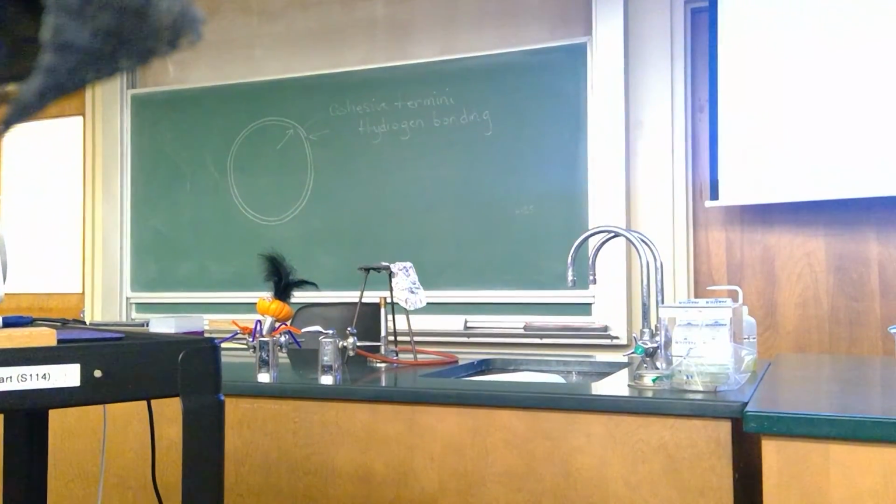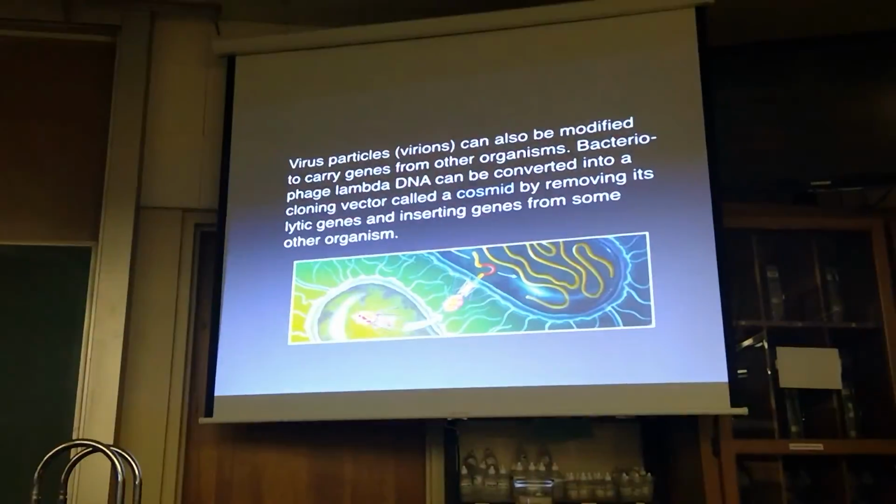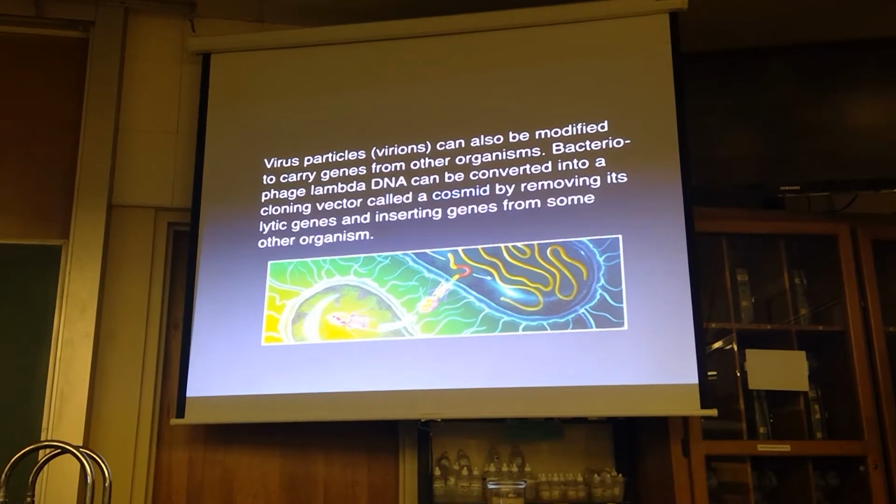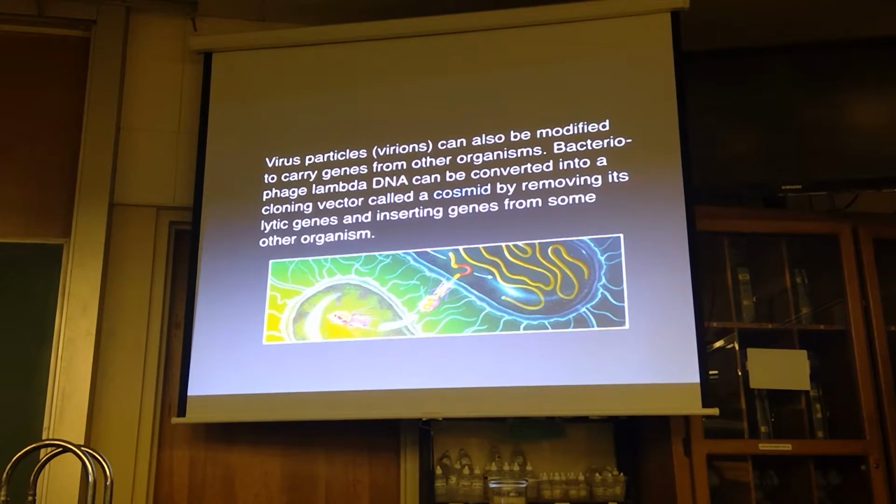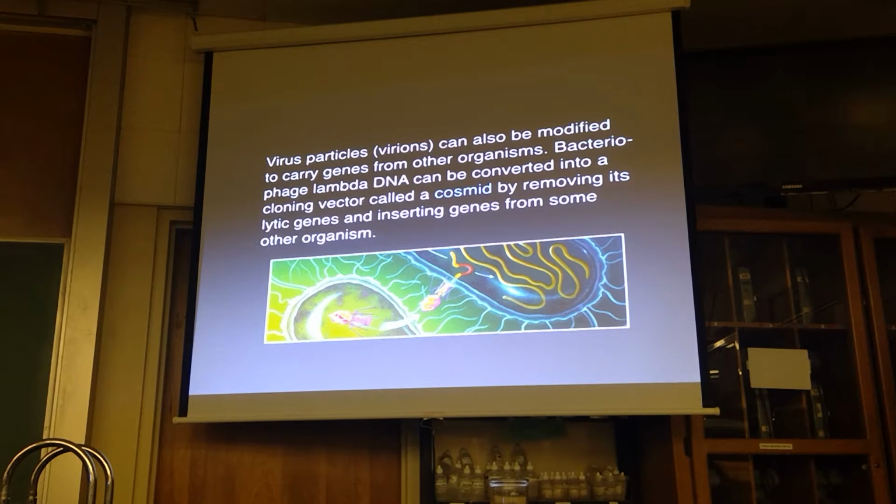Well, these are big loops, and they have sections in them that have the genes that encode the lytic cycle, which would allow the virus to start taking over the cell and chopping up the host cell DNA and so forth. So basically what researchers can do is take the lytic genes out. Let's say we had a section in here that was maybe this big, it was lytic.